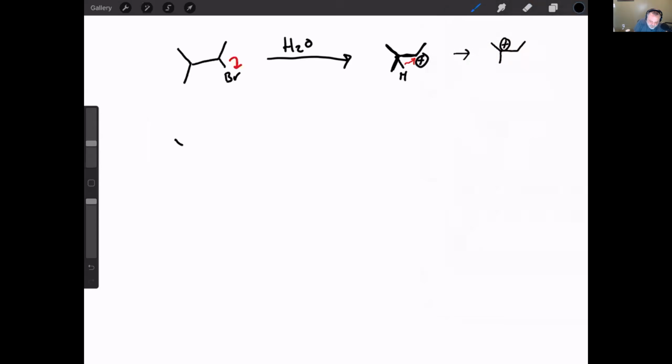Just like before, water can be either a base and do an elimination reaction, or it can be a nucleophile and it can do a substitution reaction.